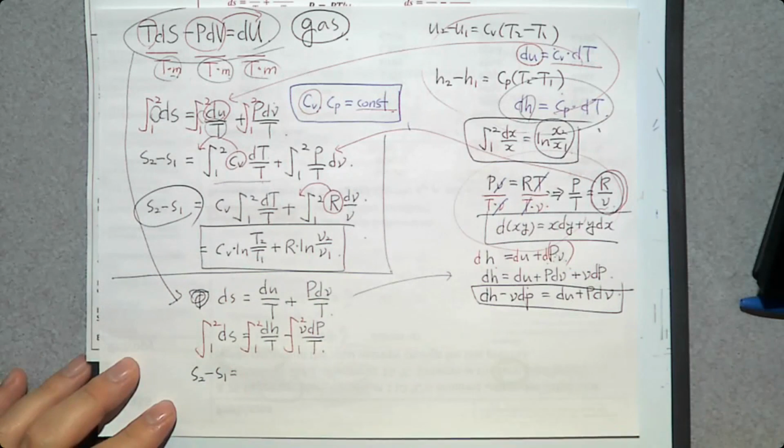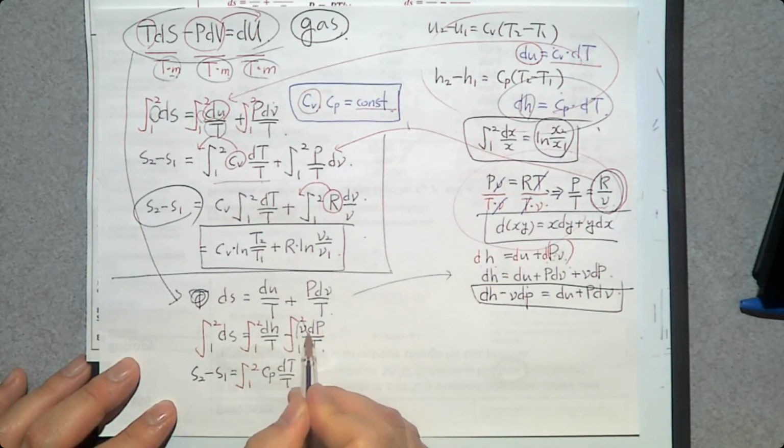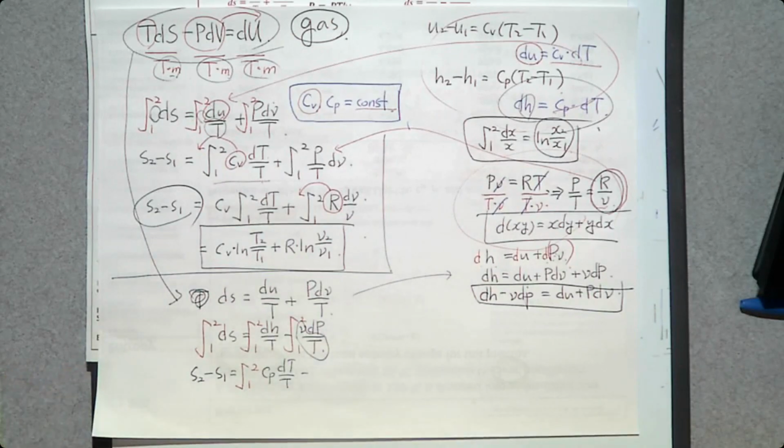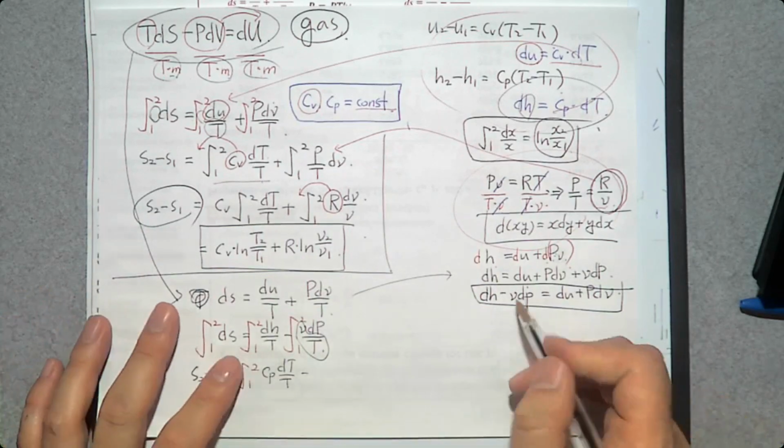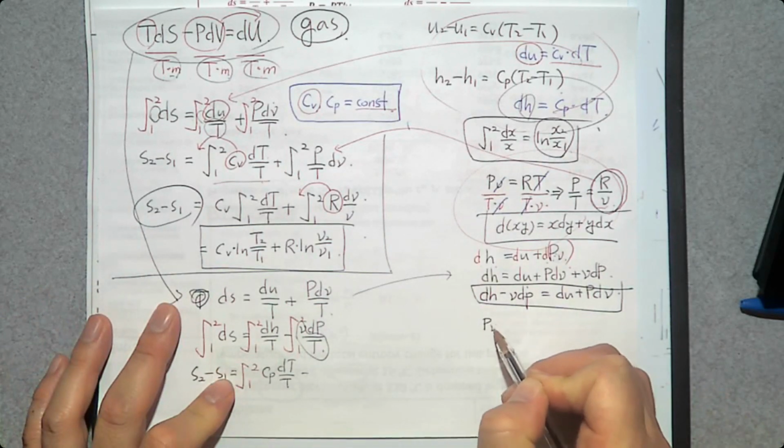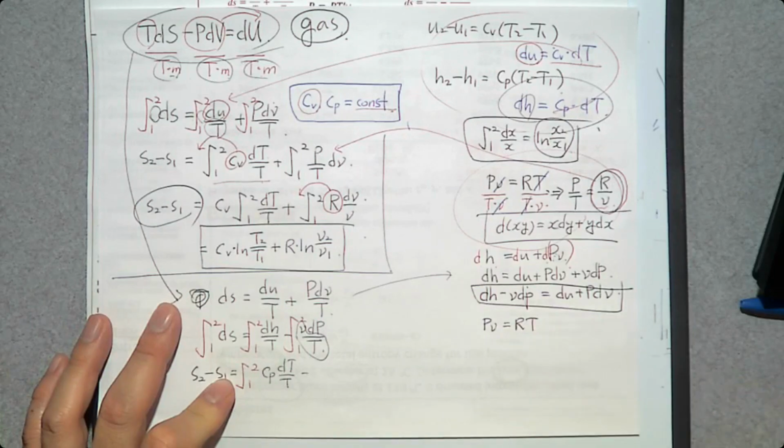So we can say this one is Cp dT over T. What about this V over T? Previously, when we had P over T, we used the ideal gas equation. Now we have a V over T. Can we use the ideal gas equation one more time? Maybe yes, no problem. PV is RT is the ideal gas equation.